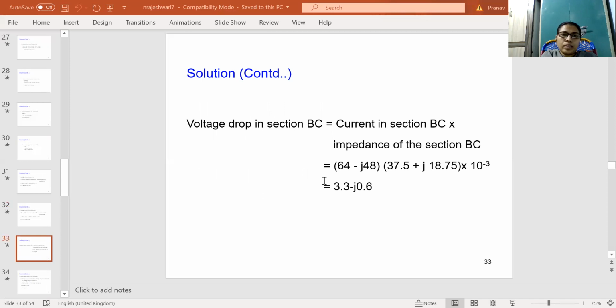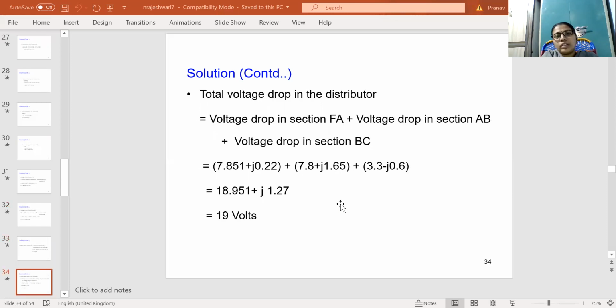The voltage drop in the section BC is the current in section BC into the impedance of the section BC, that is (64 minus j48) into (37.5 plus j18.75) × 10^-3, which is equal to 3.3 minus j0.6 volts, the voltage drop in the section BC.